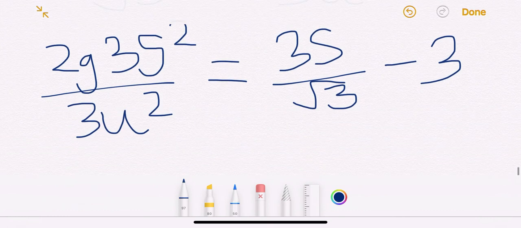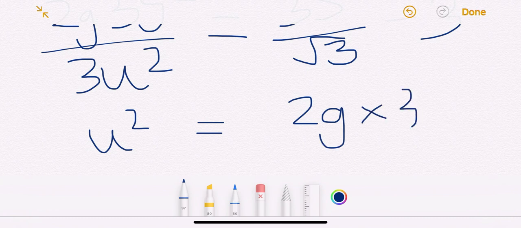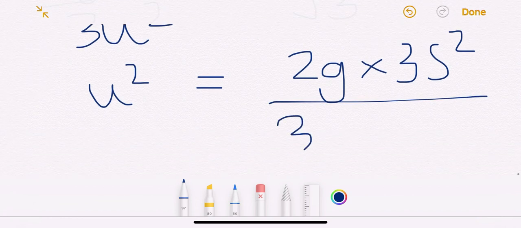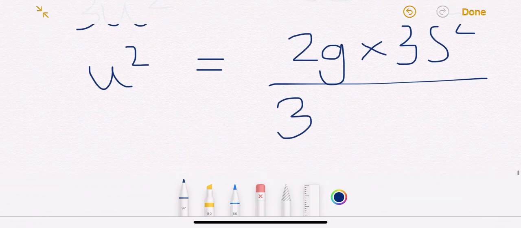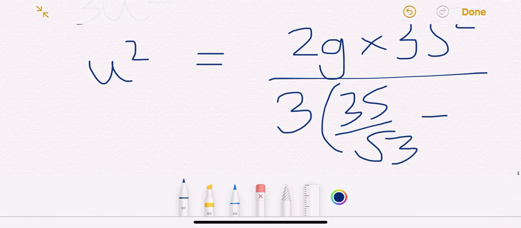We want to make u the subject, so we multiply both sides by u squared and divide both sides by 35 over root 3 minus 3, which gives us u squared equals 2g times 35 squared over 3 lots of 35 over root 3, subtract 3. That is our value for u squared.